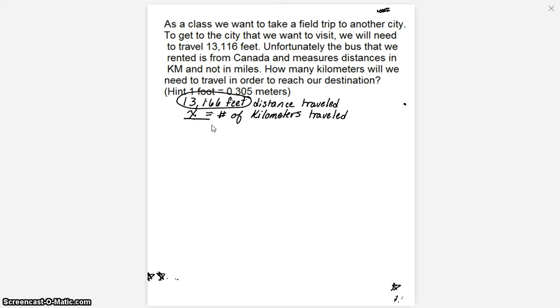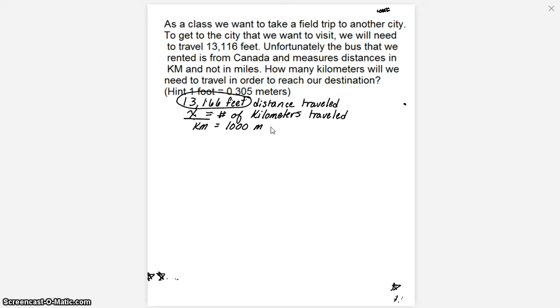So it gives me that information, and then I know from doing some of this other work that 1 kilometer is 1,000 meters, right? It's that kilo word again that means 1,000.